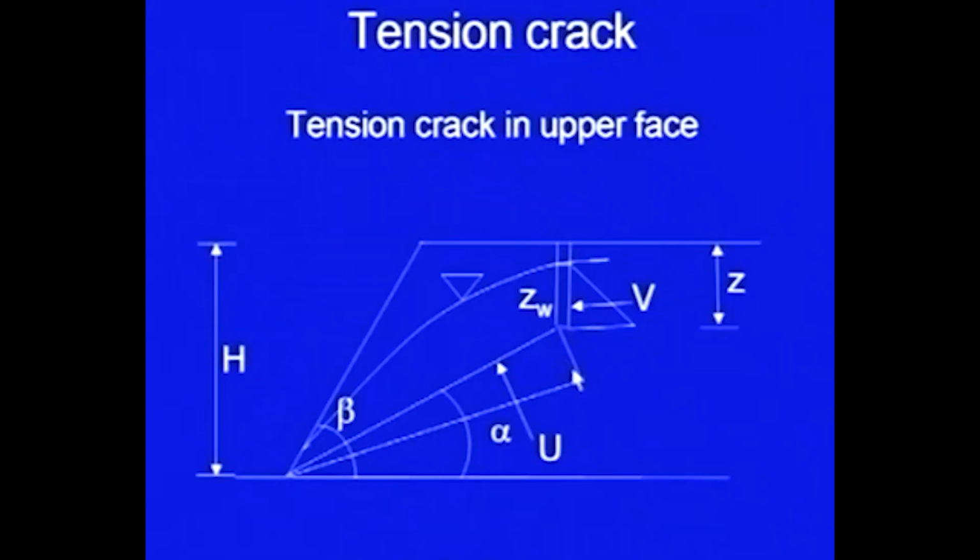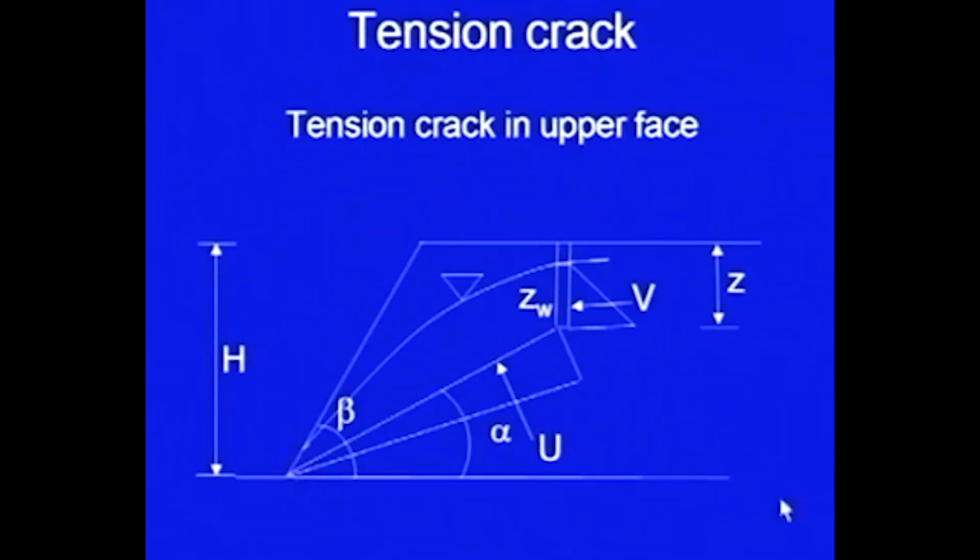So, we considered the same pressure here, the hydrostatic pressure, that is gamma W into ZW, and at this toe we had assumed that it is draining freely. So, the pressure was 0 and we assumed a triangular variation. You may note here that it was our assumption that it is draining freely.